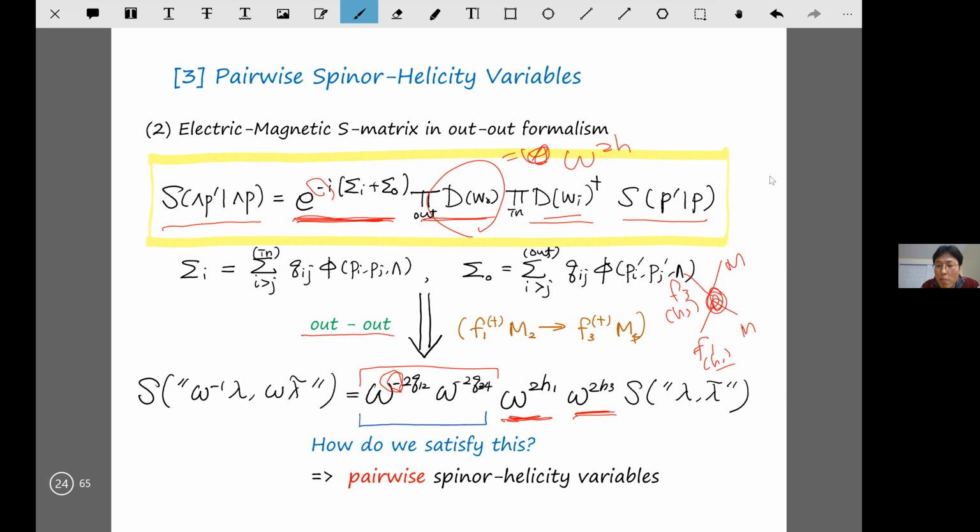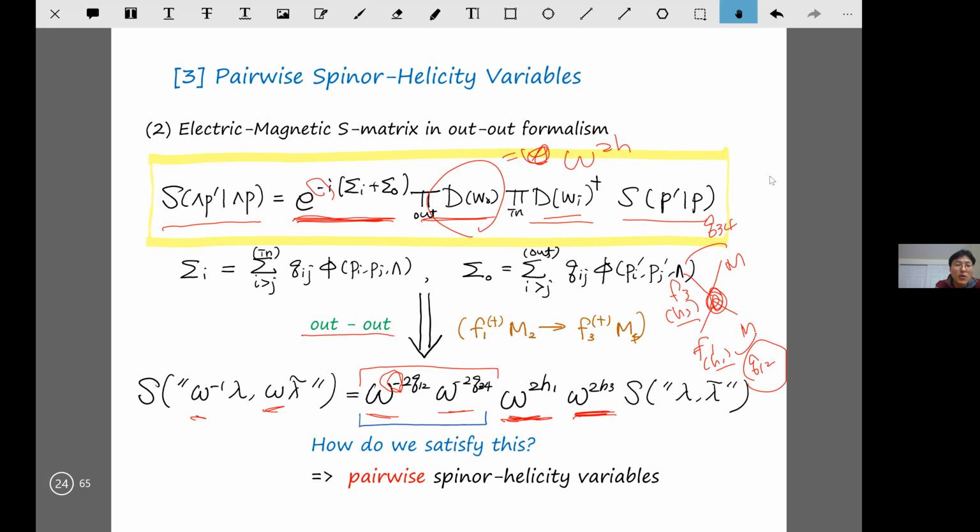So for the regular one-particle helicity, they have to satisfy this rescaling under the scaling of lambda and lambda tilde. But in addition to that, this pair had the q12 little group pairwise phase, and then another phase for the final state. So for each of these, the S matrix for the electromagnetic process should also pick up the correct pairwise helicity factors.